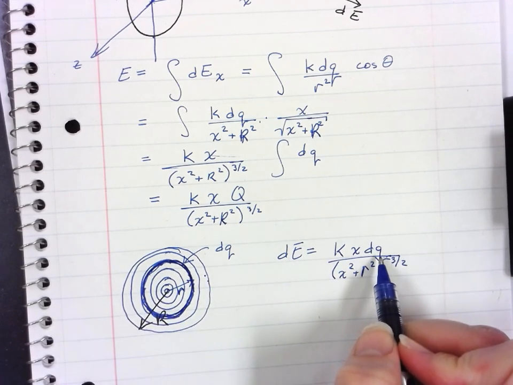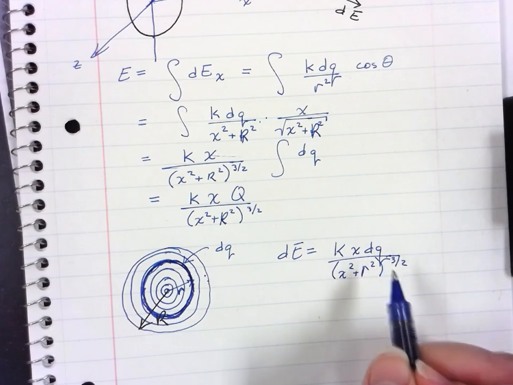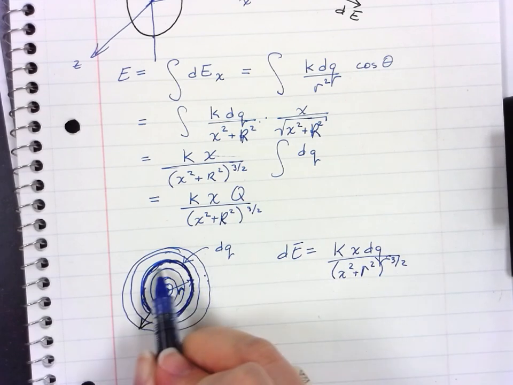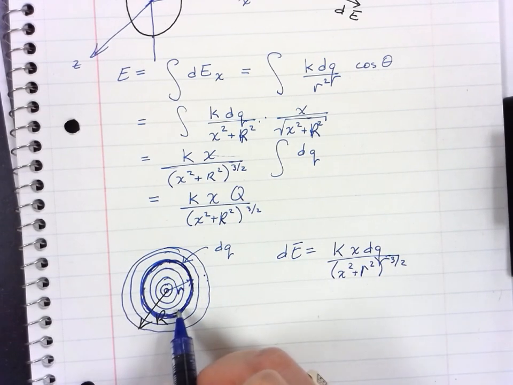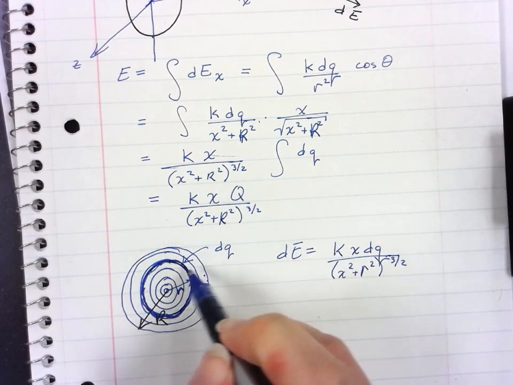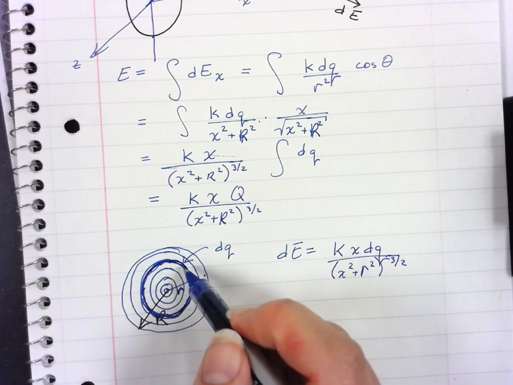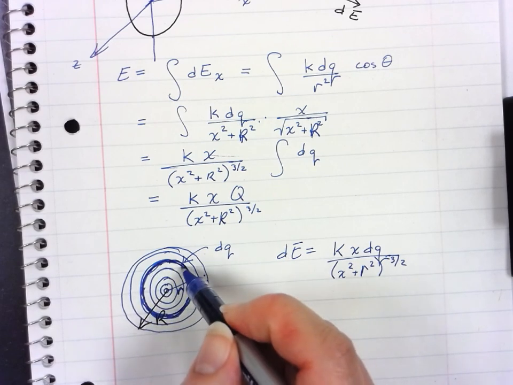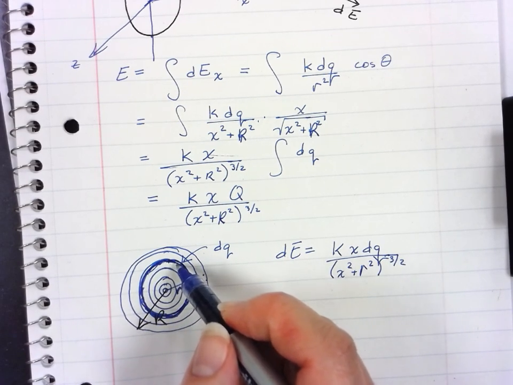But my integration variable is dq. So I need to make a relationship between the charge of this piece of ring that I've highlighted in blue and the radius of that ring. Remember that this ring is essentially like a rectangle, but then bent into a circle. It's like a piece of tape or something.